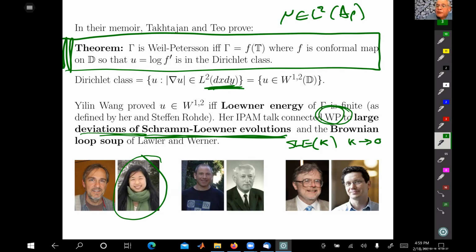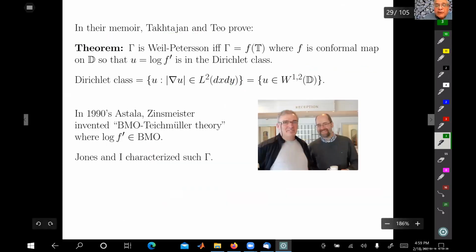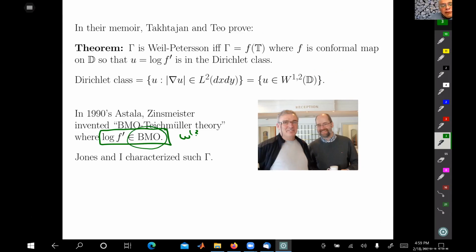But the reason this was so interesting to me is because about 20 years earlier, Kari Ostlund and Michel Zinsmeister had done the same thing, but instead of having the log of f prime being in W12, they had said, what if it's in a certain Banach space called BMO? And Peter Jones and I had characterized those curves.